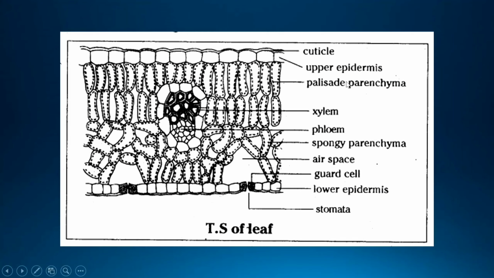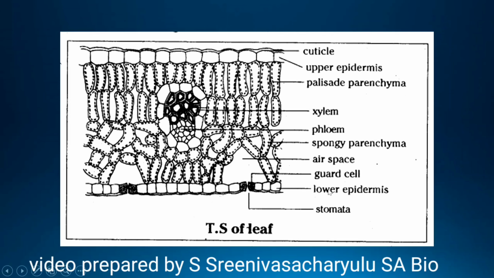This is the transverse section of the leaf. The leaf is surrounded by an upper epidermis and a lower epidermis. Both epidermis layers are covered by a thick cuticle, present above the upper epidermis and below the lower epidermis.